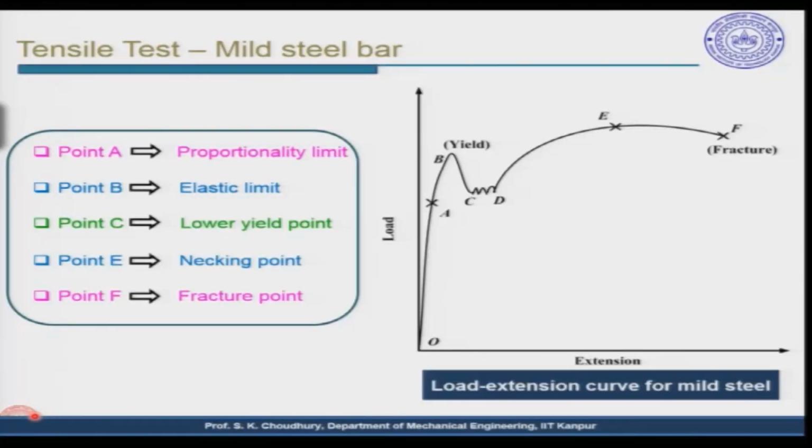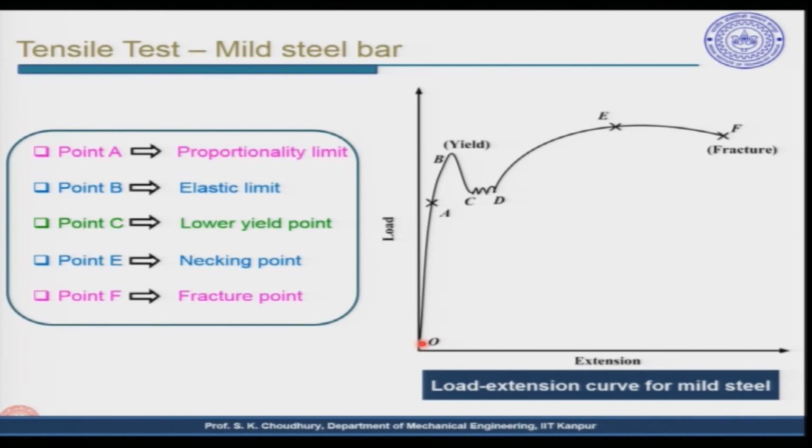We have a mild steel workpiece, and the workpiece is being elongated, and the force and the elongation or extension, the load, are being measured. If it is a mild steel workpiece, mind you, it is a ductile material.